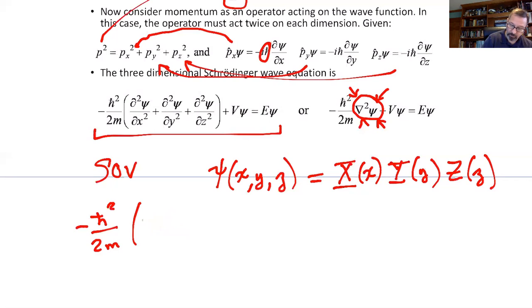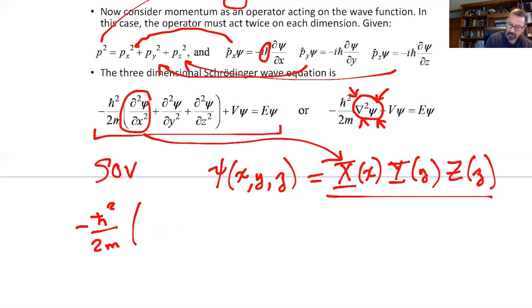But what I will do is I'll put in for this thing right here, realizing that that's what I mean by psi. I think it would be y, which is only a function of y, times z, which is only a function of z. They're like constants with respect to the partial derivative.